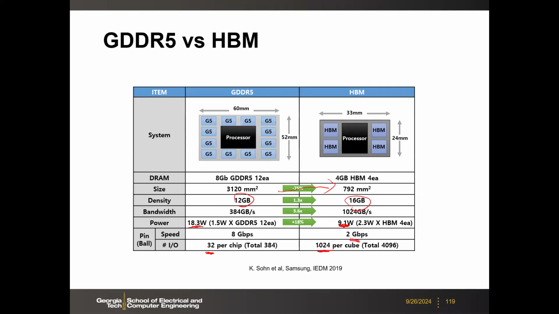So here, the wide I/O is 1024. So still, the overall bandwidth, you get the benefits. So for this simple comparison, you see the HBM-based system improves on every aspect. So that's the motivation to transition from the GDDR to HBM, especially for the high-end AI related workload.